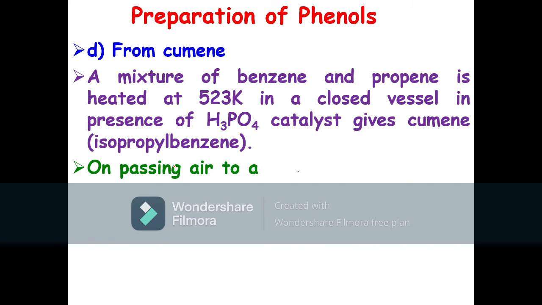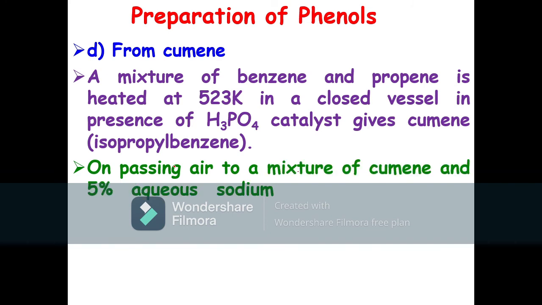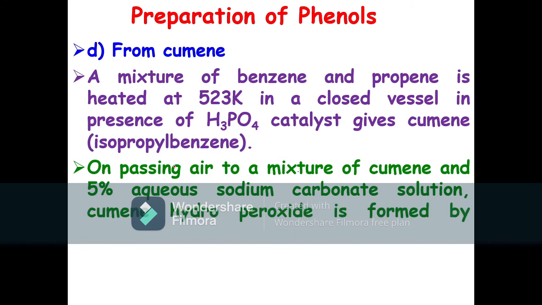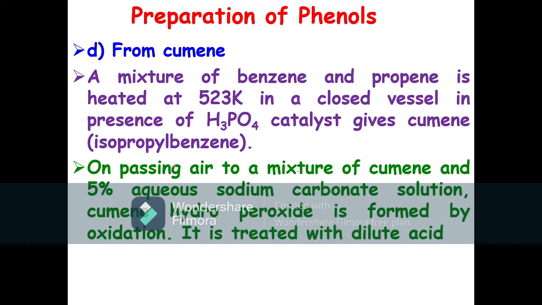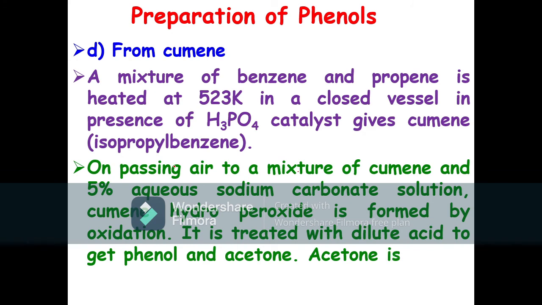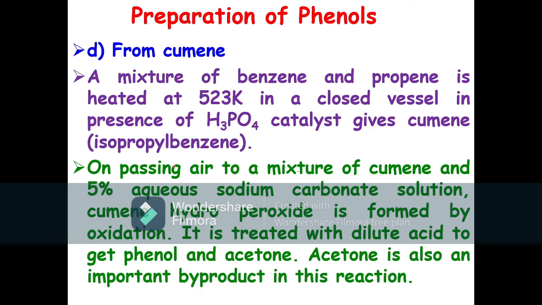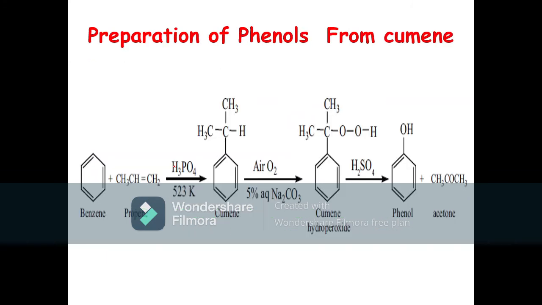On passing air to a mixture of cumene and 5% aqueous sodium carbonate solution, oxidation takes place. It gives cumene hydroperoxide. This cumene hydroperoxide is treated with dilute acid and gives phenol and acetone. Acetone is also an important byproduct in these reactions.